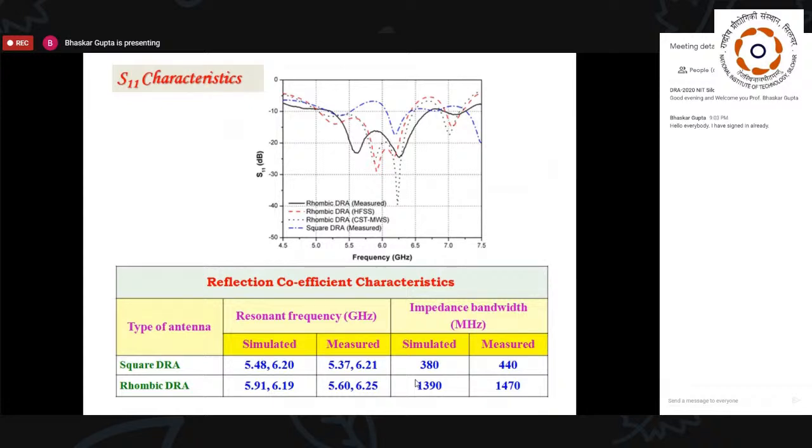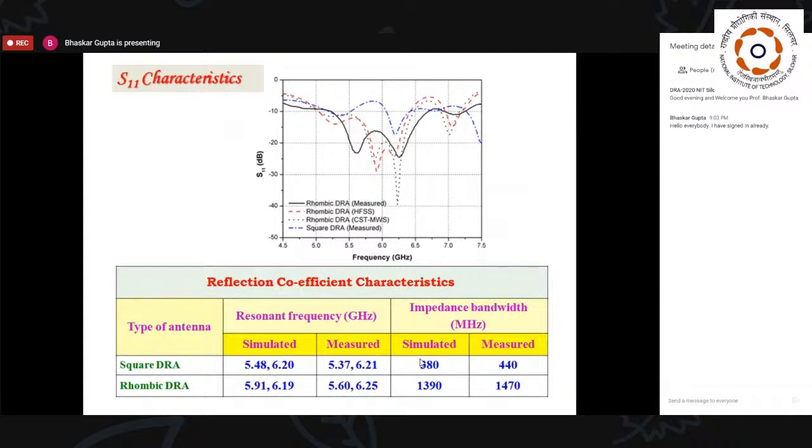You see the simulated plots are tallying quite closely with the measured plots, indicating very little scope of error, and we can see very clearly how the two modes are merging, so that the square antenna is eventually being converted to a wideband antenna, broadband antenna.